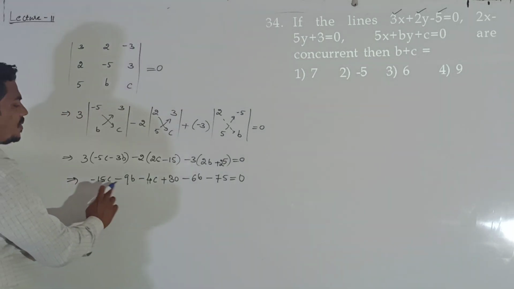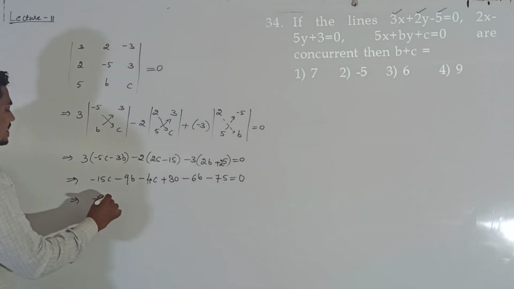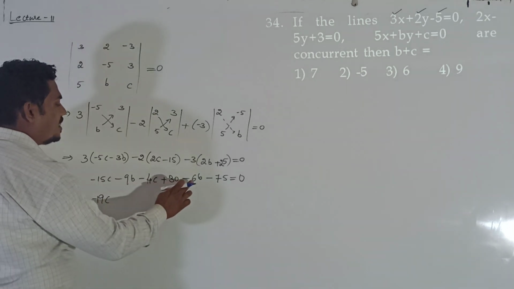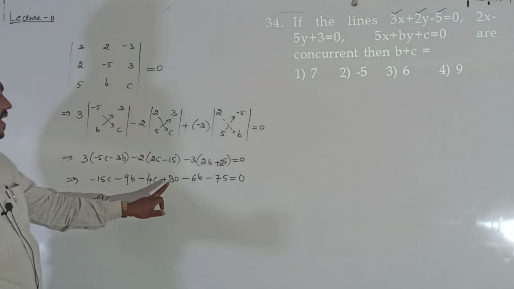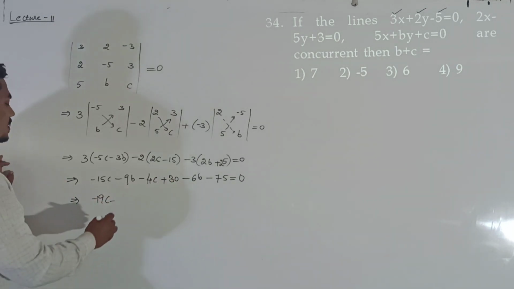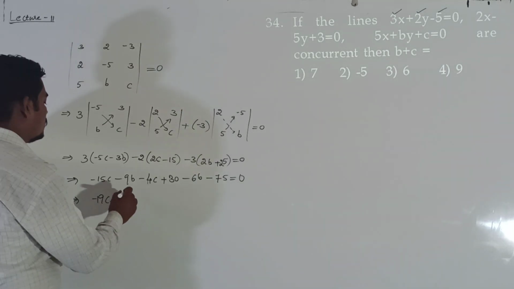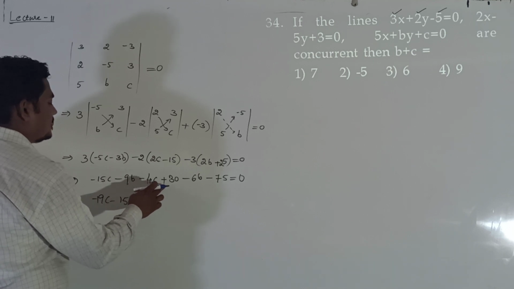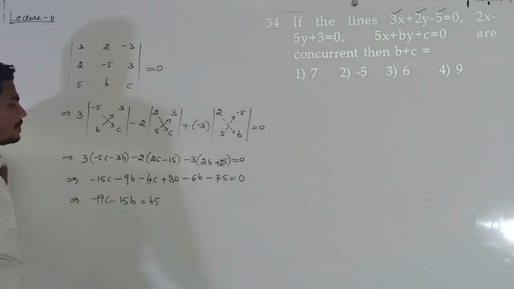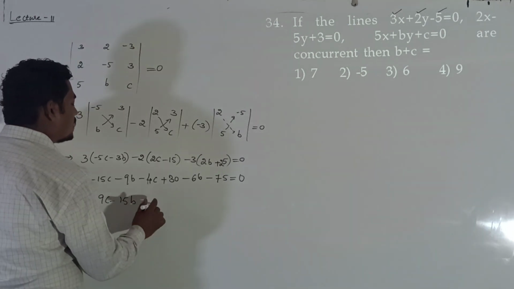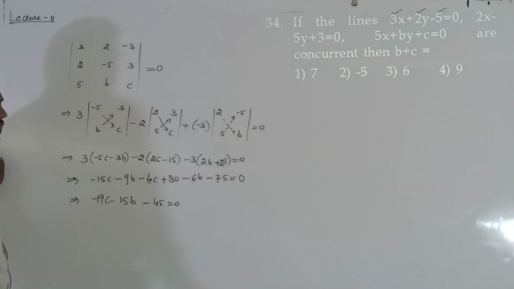Then the usual simplification. Minus 15c minus 9b minus 4c plus 30 minus 10b minus 125 equal to 0. Combining terms: minus 15c minus 4c gives minus 19c. Then minus 9b minus 6b gives minus 15b. Next the constant terms, 30 minus 75, that is minus 45, equal to 0.